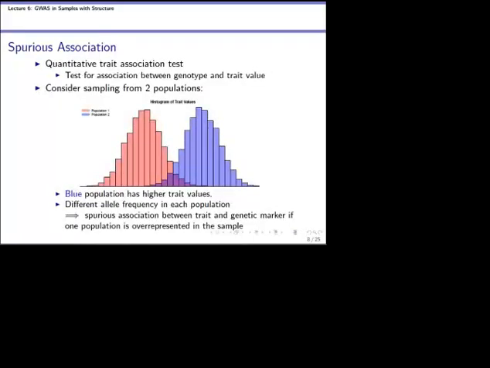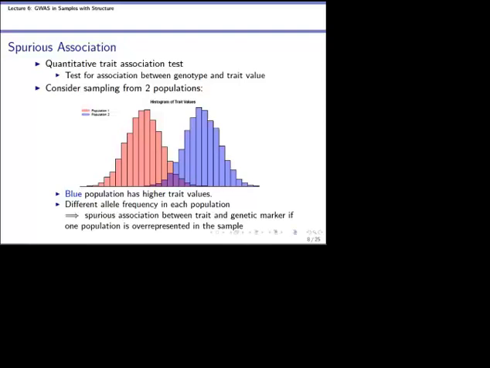The same is true for quantitative trait association testing. If you have a population that has higher trait values on average than another population, then at any markers where there are allele frequency differences between the populations, you're going to find an association.